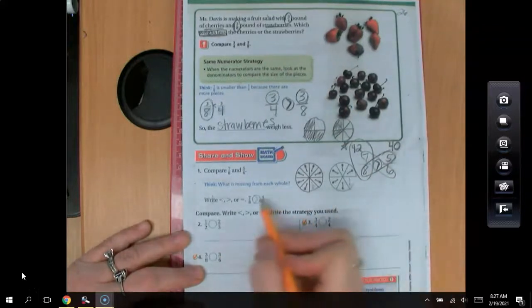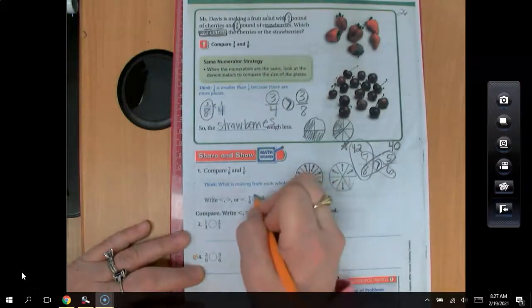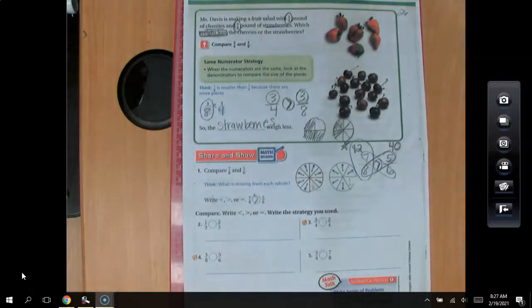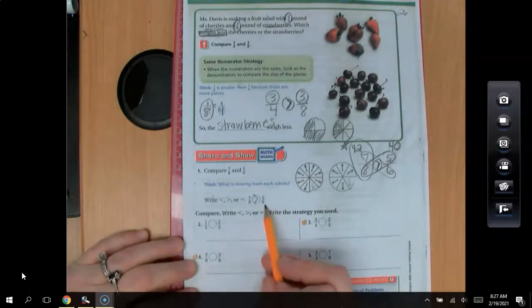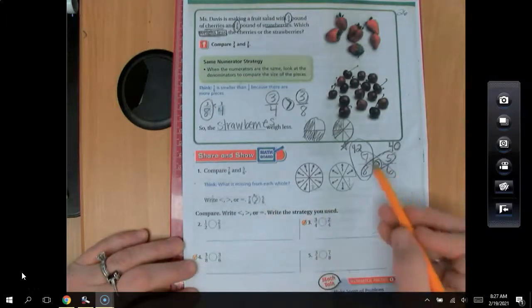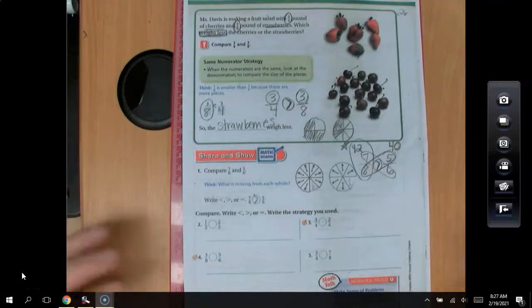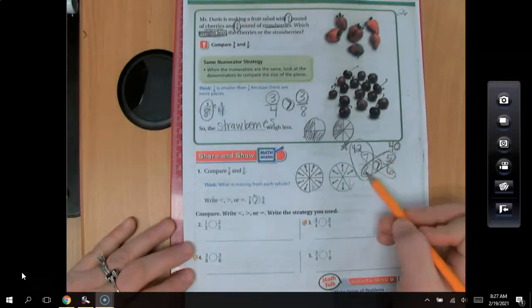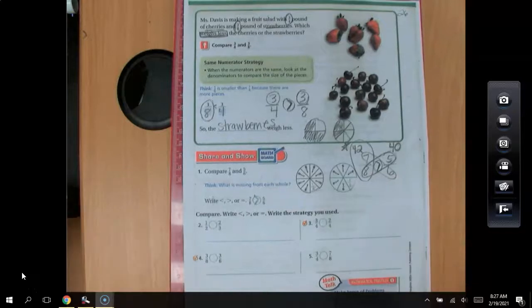So now I go back over to my problem and I can put my greater than sign. Remember, your alligator always eats the bigger number. So 7/8 is greater than 5/6, okay? So you guys are great at multiplication. So if the numerators and the denominators are different, go ahead and cross multiply. We'll go ahead and try another one that way.